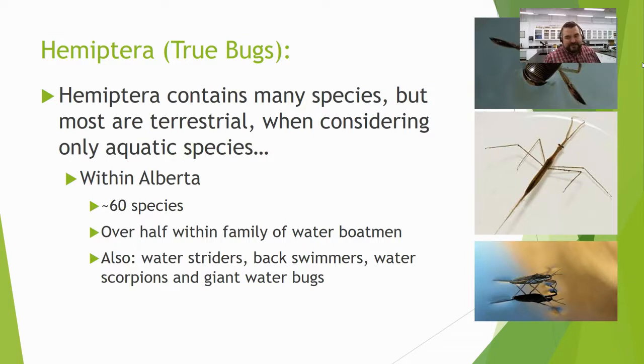Interestingly, the first described record of a water scorpion here in Alberta was back in about 2011, and it was students from Lakeland College on a lab down in Cypress Hills Interprovincial Park. They found water scorpions and talked to the Royal Alberta Museum and a number of other folks, and they hadn't been described or found in Alberta prior to then.